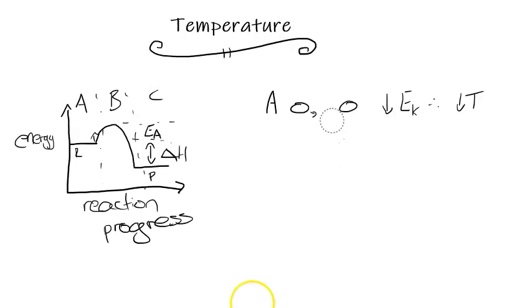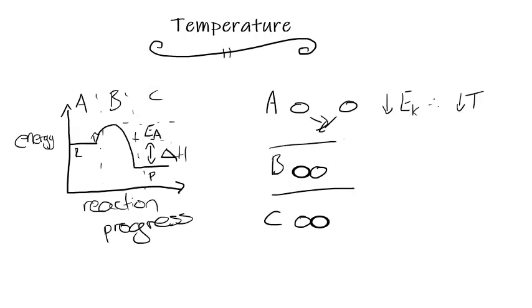If we were to move these particles around with a greater kinetic energy, so more temperature, then they would collide, and in this case, after their collision, they're going to remain as products because their collision had enough energy to overcome that activation barrier.